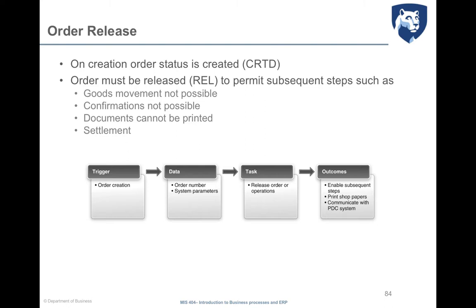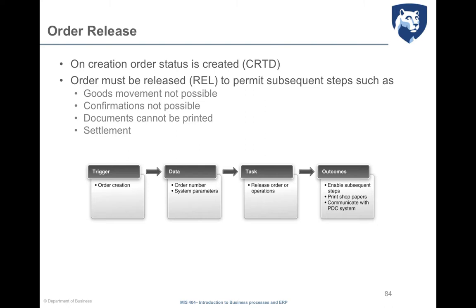Please note that most of the system manage this flow automatically. So once the order is created, it is then released. But the system can be configured also to a manual release of order, especially when the company needs time to verify the order or to prepare for production.